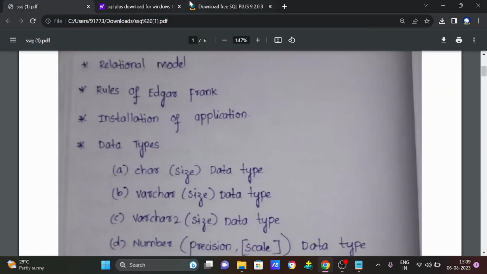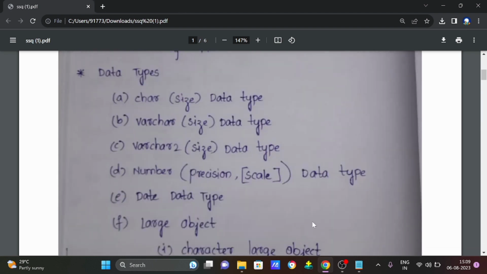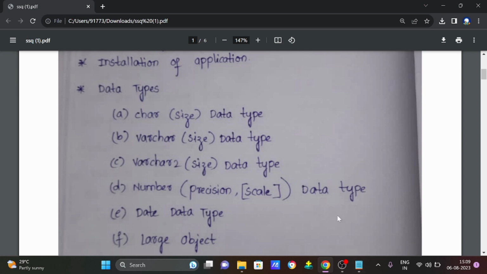Next, let's try to understand the different data types that we are going to use in writing queries in SQL. Firstly, what is a data type?